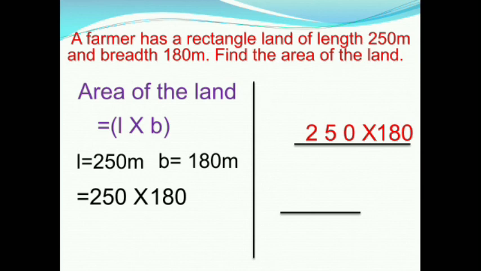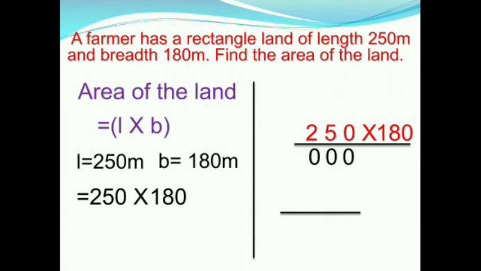First we should multiply 0 and 0. 0 into 0, 0. Next we should multiply 0 and 5. 0 5s are 0. Next we should multiply 0 and 2. 0 2s are 0. Now we should multiply 8 and 0. 8 zeros are 0.